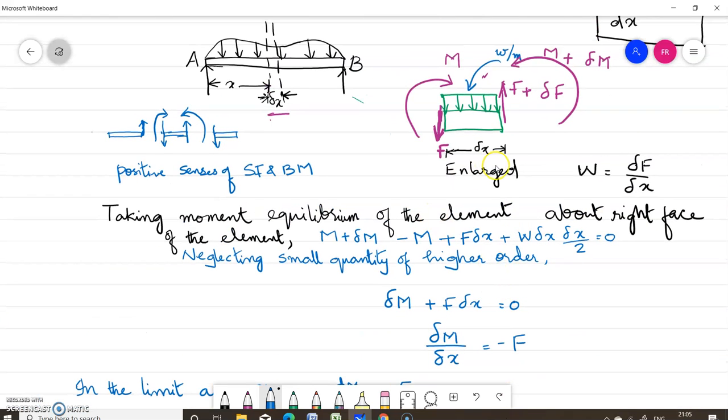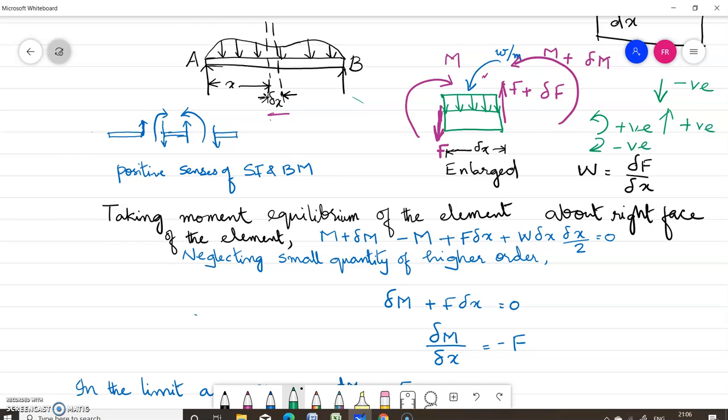Let us take the sign convention you have studied in first year: write all the downward forces as negative and all the upward forces as positive. And you have taken anti-clockwise moment as positive and clockwise moment as negative. So let us take the same sign convention.